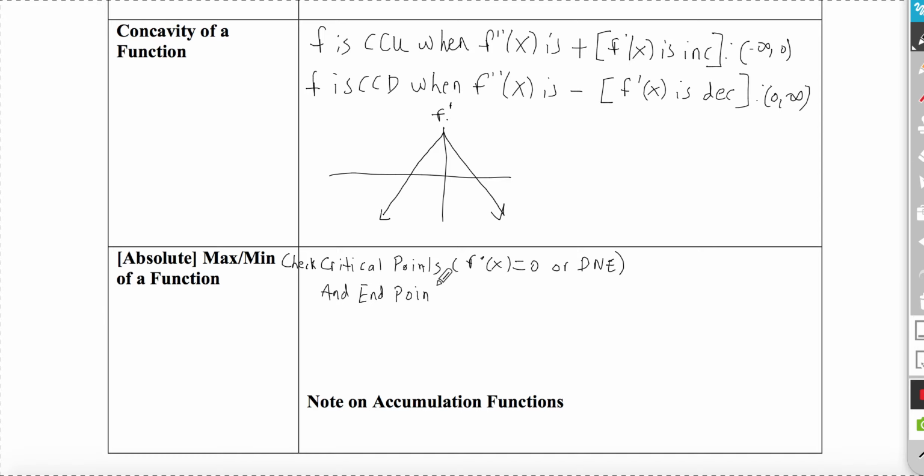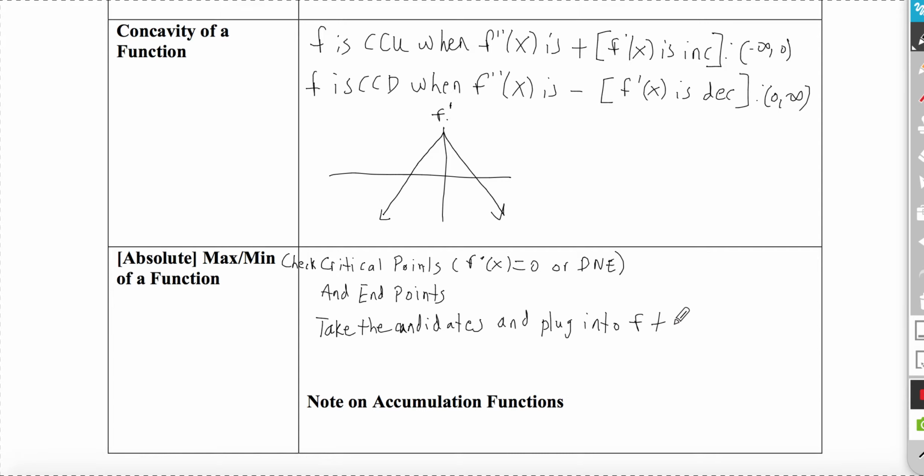Okay, so this basically leads to a two-step process. We find the critical points, we find the endpoints. That gives us the candidates, and then we take the candidates. You'll get a bunch of x values from your critical points and your endpoints. Take the candidates and plug into f. We always plug them back into the function we want to maximize or minimize.